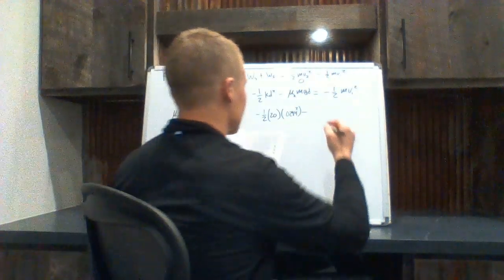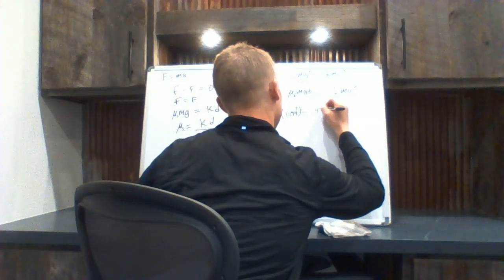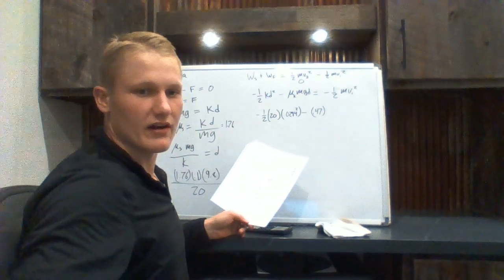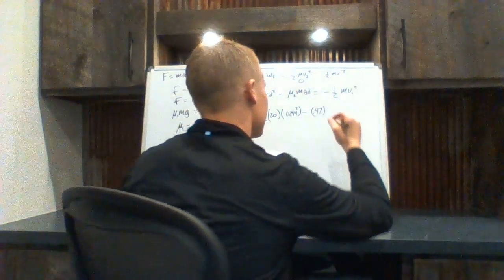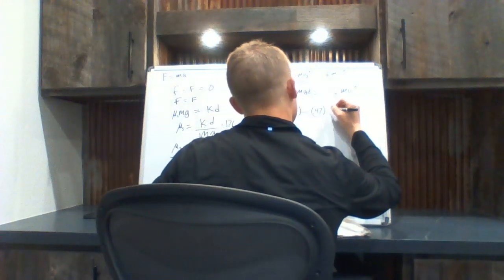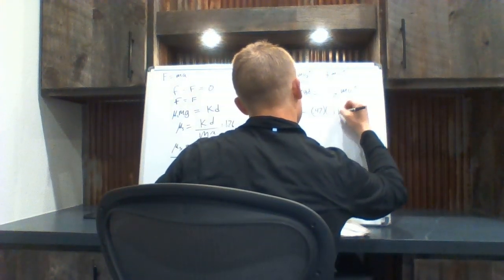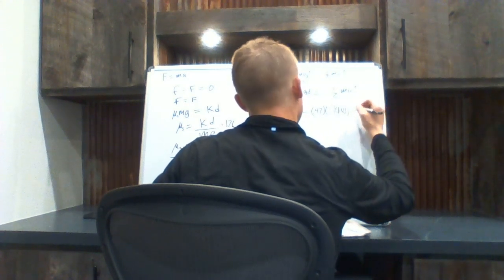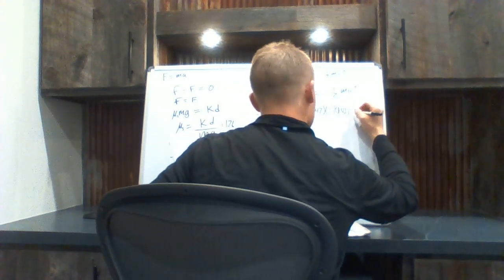So this is 0.47 times our mass of 0.1 times gravity. And then again, our distance.